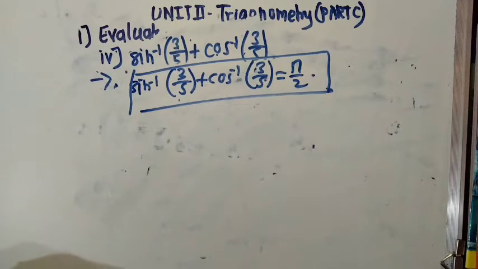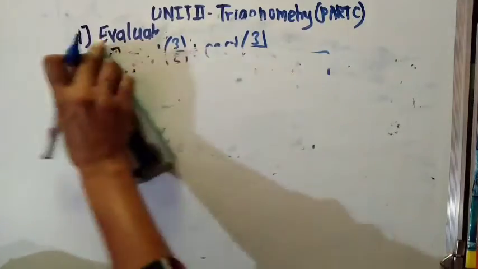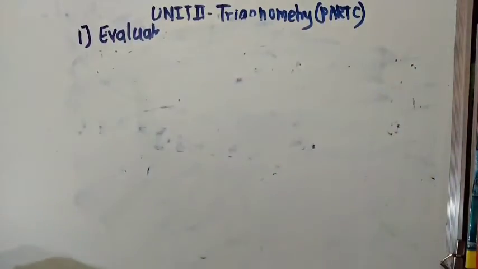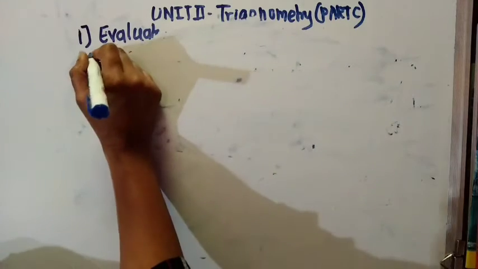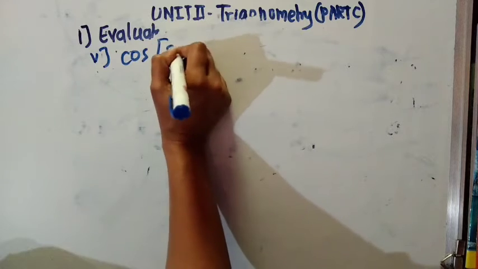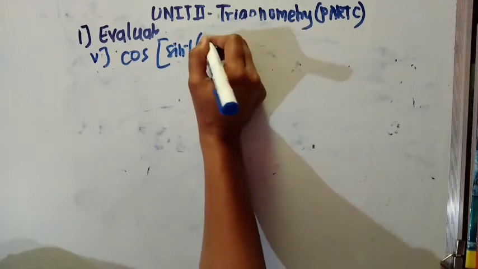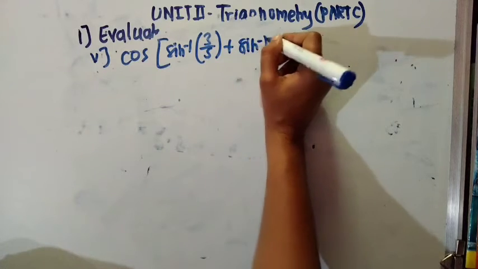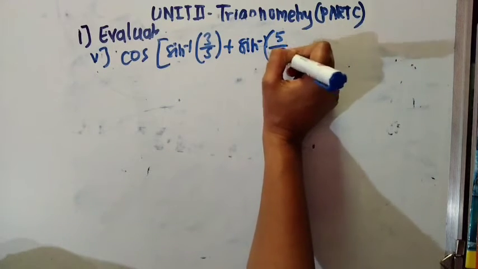Then we give next example. Example 5. Find cos of sin inverse of 3 upon 5 plus sin inverse of 5 upon 13.